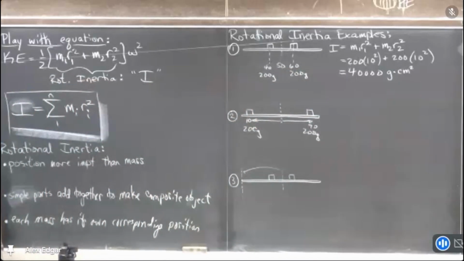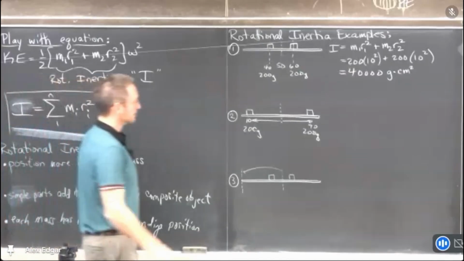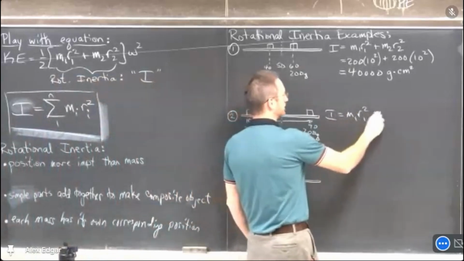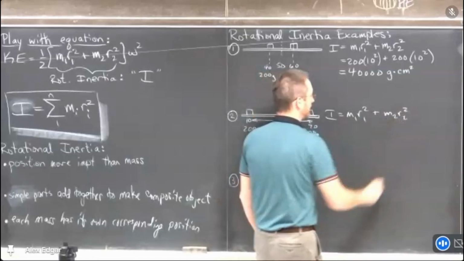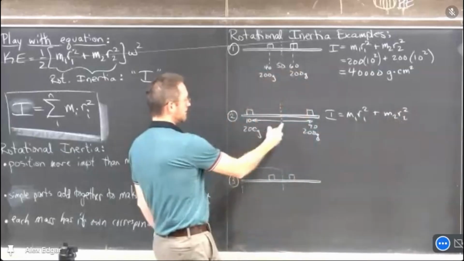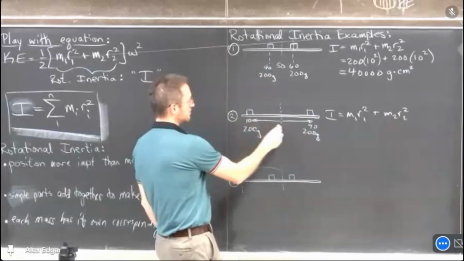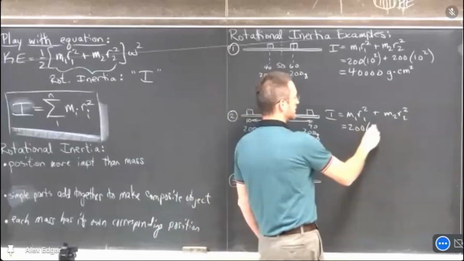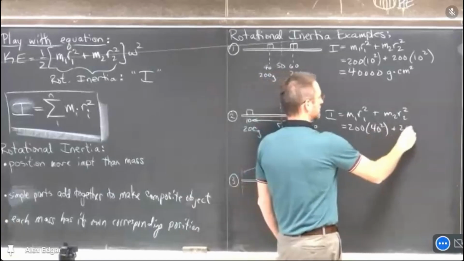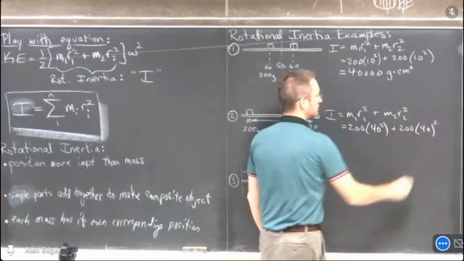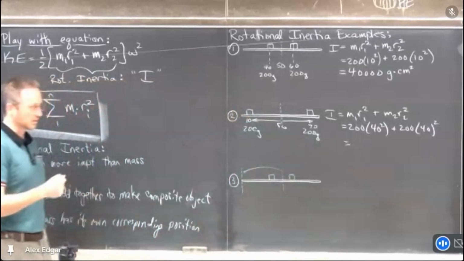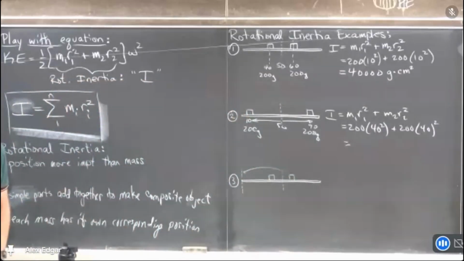Now, how bad was that? Meh. Okay, let's do it again for this one. Same starting point, m1 r1 squared plus m2 r2 squared. And now this is 50, now it's 40. So same 200, 40, 40. So let's see here, 40 squared is going to be 1600.